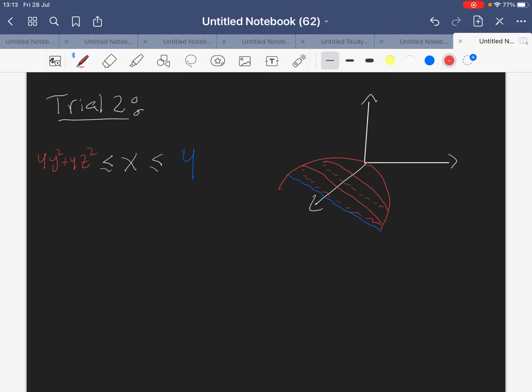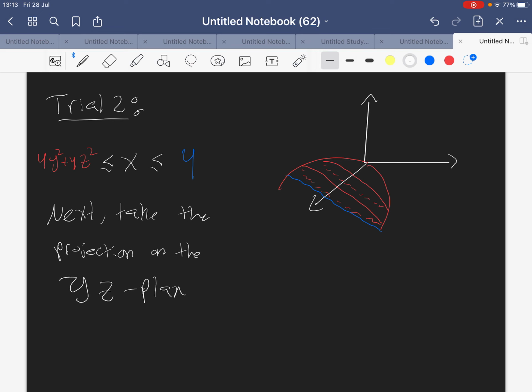And that's the good news because now we have the function as this. Next, take the projection on the YZ plane.